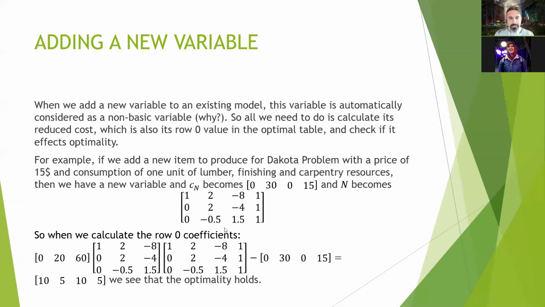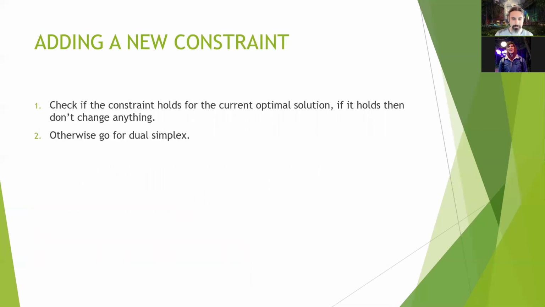So this is actually easy to calculate, but if it's not optimal, then we have to make iterations, and we're going to have to use the table form or the simplex algorithm, whatever we want to use or whatever we're allowed to use for that one. But still, as long as we are adding a new variable, it should be considered a non-basic variable all the time. You cannot add a basic variable into the model by itself.